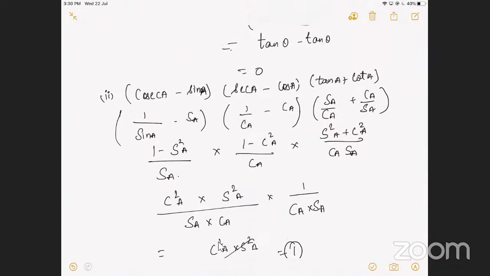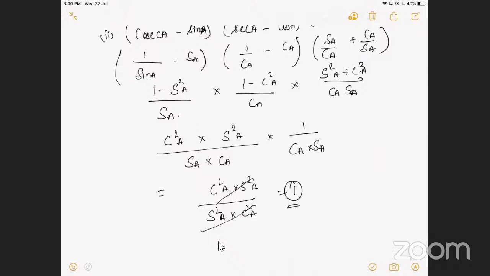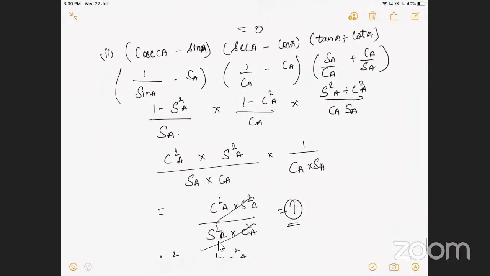Sir, I took cosec A minus sin A as cosec A minus 1 by cosec A, sec A minus cos A as sec A minus 1 by sec A, and tan A plus cot A as tan A plus 1 by tan A. Accordingly it becomes cosec square A minus 1 into sec square A minus 1 into tan square A plus 1, and cosec square A minus 1 is cot square A, sec square A minus 1 is tan square A, and tan square A plus 1 is sec square A.